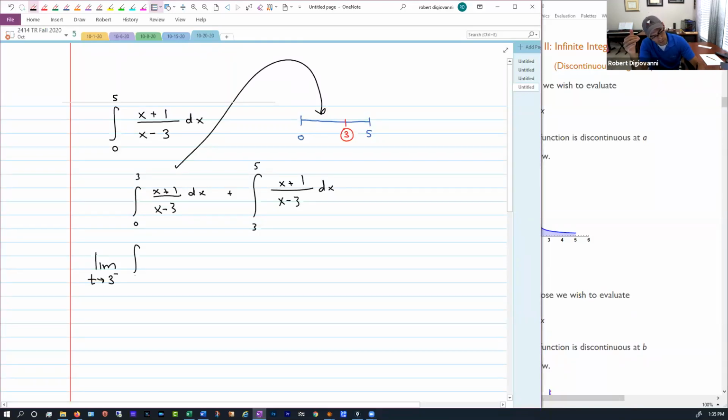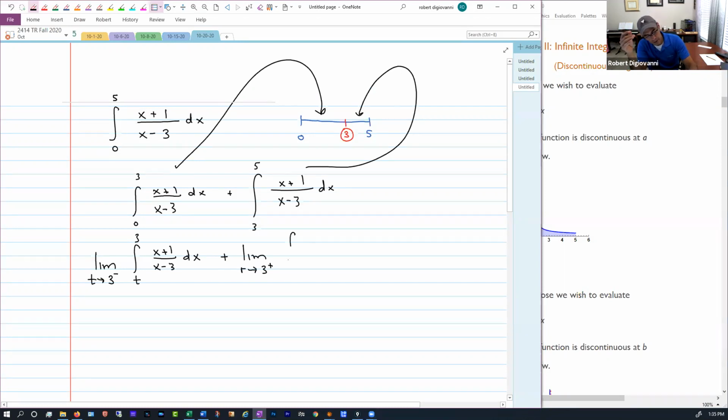So t to 3, x plus 1 over x minus 3 dx. The second limit, use a different letter, r approaches 3, this time from the right, because we're dealing with this piece.